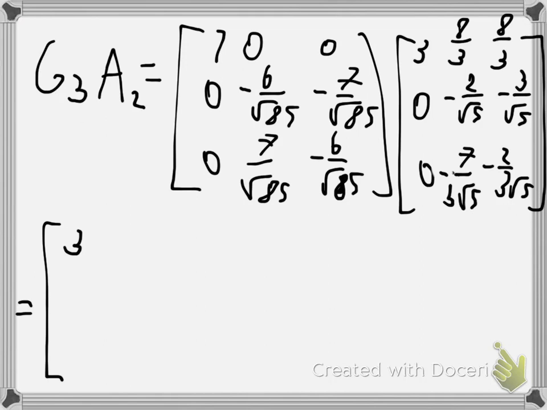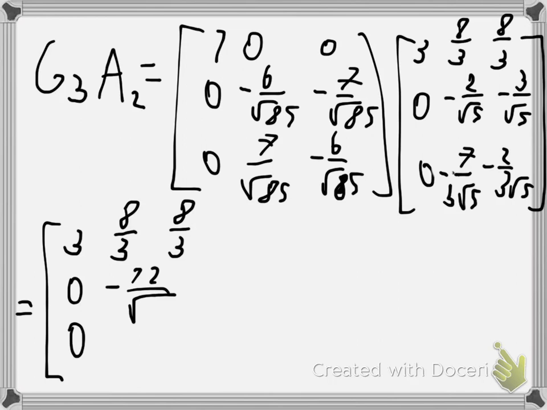3, 0, 0. Here there should be no change. 8 over 3 and 8 over 3. Okay, this shouldn't change. Now here we have negative 12 over square root of 85 times 5.